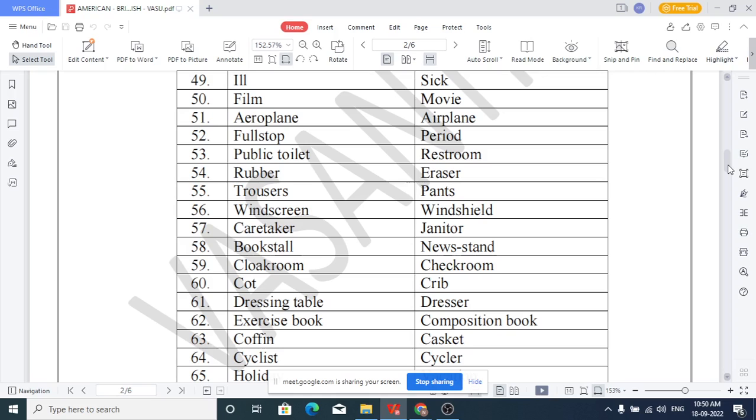Dressing table, dresser. Exercise book, composition book. Coffin, casket. What is the meaning of coffin, Santana?